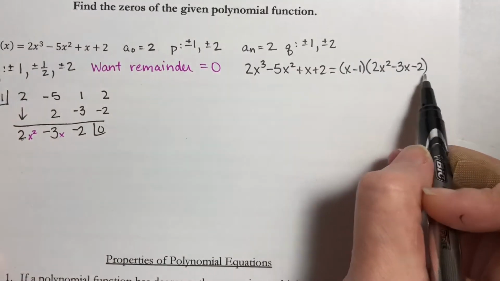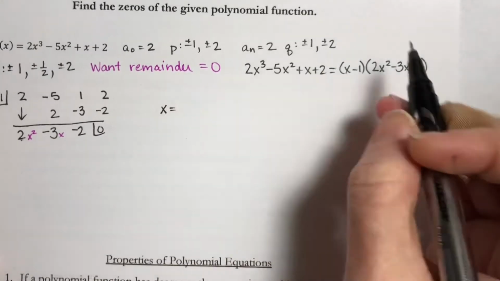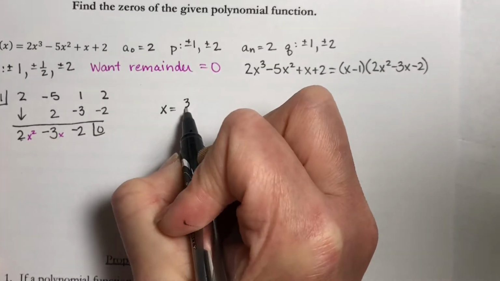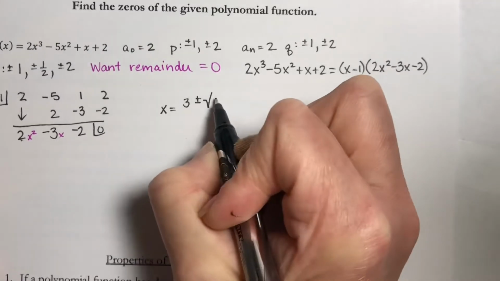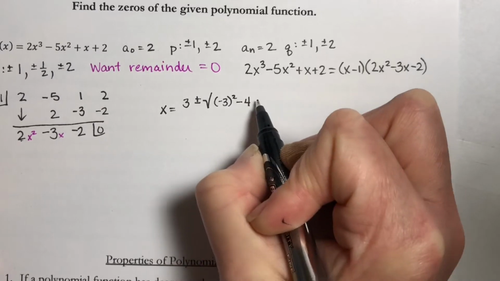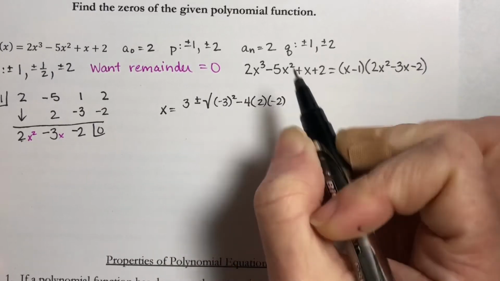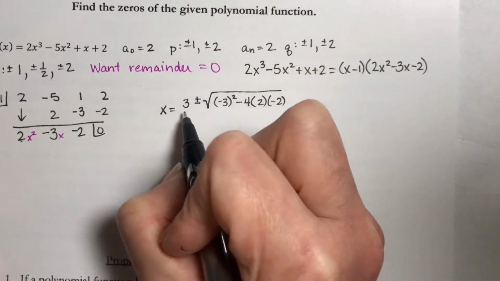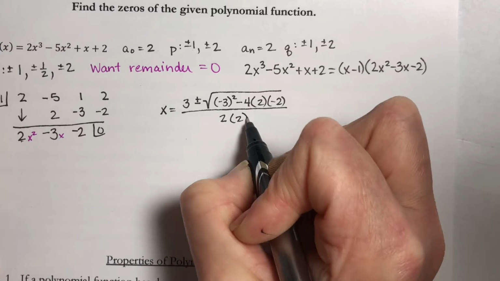If I use the quadratic formula on this, I have x is equal to -b, so positive 3, plus or minus the square root of b squared, -3 squared, minus 4 times a, which is 2, times c, which is -2, all over 2 times a, which is 2.